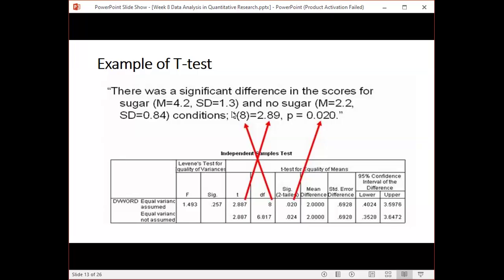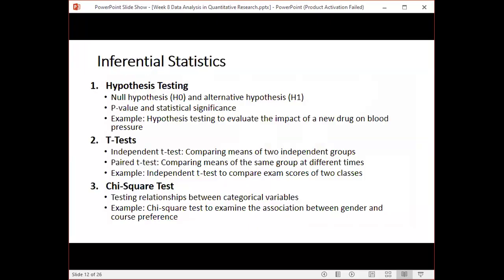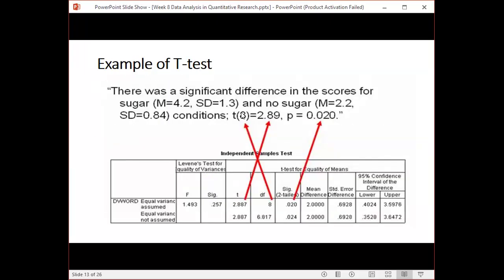So we use a t-test, but this is a t-test of different groups. It's not a paired t-test. This one is for different groups. So this is the t-test we are talking about, the independent t-test, right? You see on top here, independent samples t-test, telling you that you're talking about two different groups.